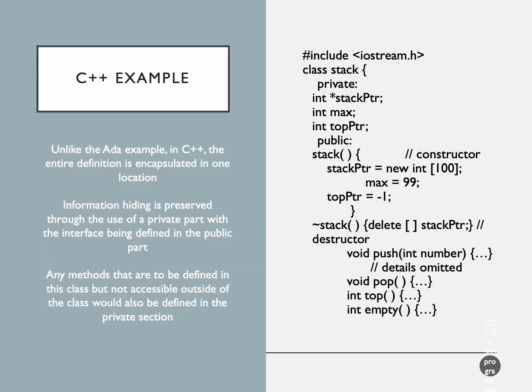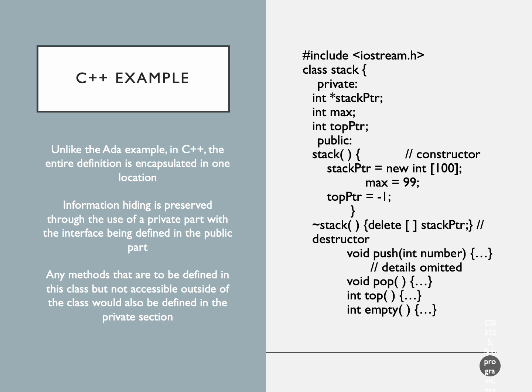Now, this slide shows a basic example of how we implement an abstract data type, or ADT, in C++ using a class. So unlike Ada, where the specification and body can be separated, C++ allows us to encapsulate everything in one location right inside the class definition.